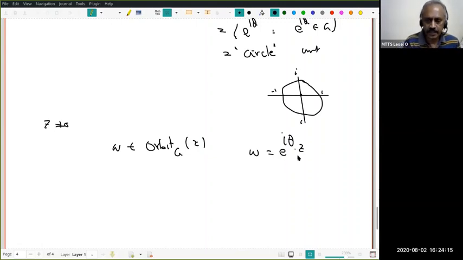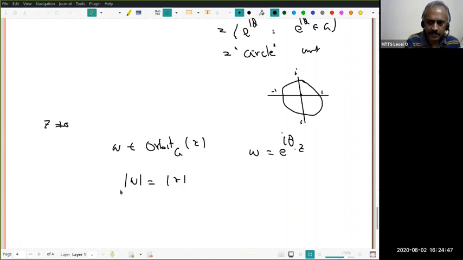So what is unknown here? e^{iθ}. But notice that since z is not 0, w equals e^{iθ} times z. Now all of you know the modulus of a complex number. Therefore, what is the modulus of w? It is the modulus of e^{iθ} times z, which is the same as the modulus of e^{iθ} times the modulus of z, which is the same as mod z.